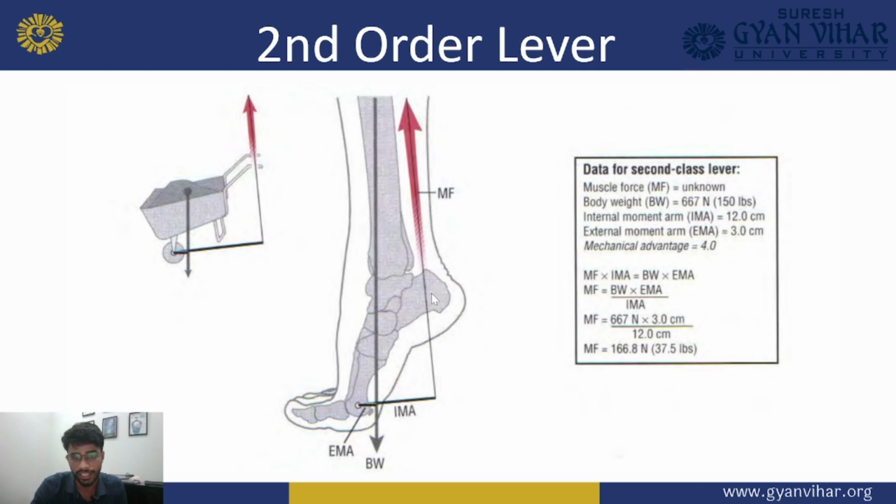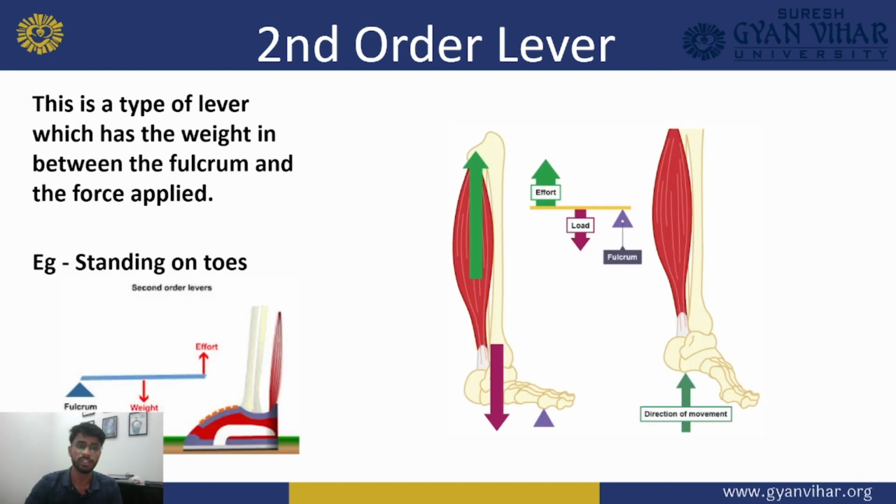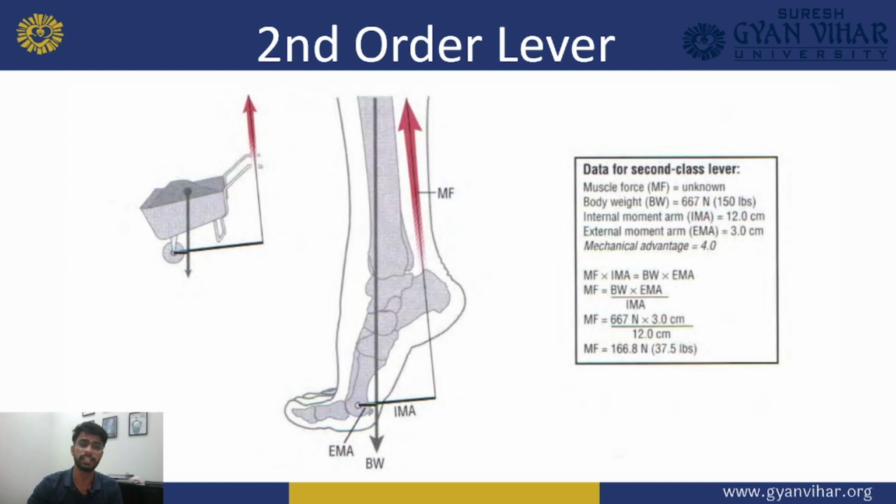So the distance from the calcaneal tuberosity to the fixed point is the internal moment arm. As you can see in this picture also, the internal moment arm is more than the external moment arm. So in this type of lever, the muscle has to give less effort to lift the load, because here it is a mechanical advantage, as the internal moment arm is more.